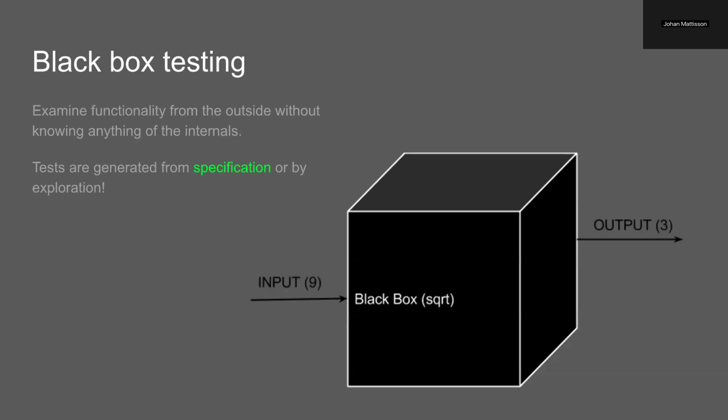We might know that it should return the square root of something, so we can try different values to make sure that it works. We don't know what's inside the box, so we have to go through the specifications and see if it matches our expectations.